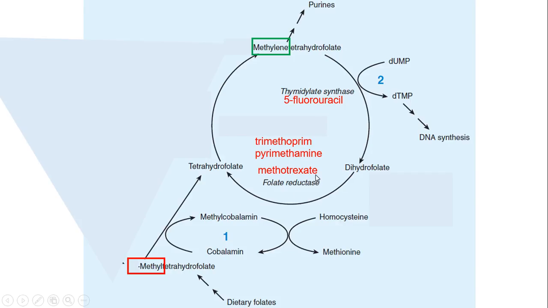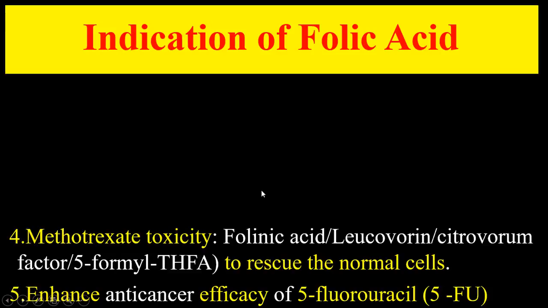What methotrexate in toxicity does is it will stop the folate reductase, so the tetrahydrofolate conversion is not possible, so we have to give the activated form, tetrahydrofolate, not folic acid, in these conditions. All these are tetrahydrofolate: folinic acid, leucovorin, citrovorum factor. These are the brand names of tetrahydrofolate, so we have to give the tetrahydrofolate.